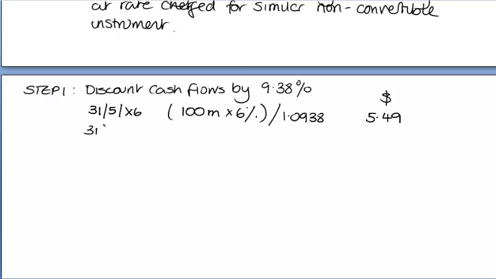At the 31st of May X7, 100 million times 6% means that there's interest paid of 6 million. Discount that by 9.38% gives us 5.02 million.